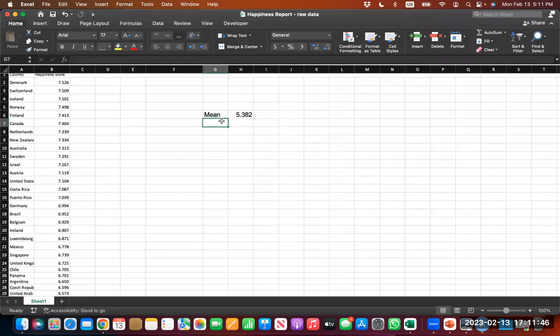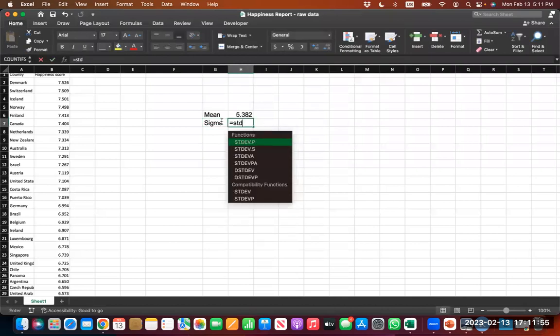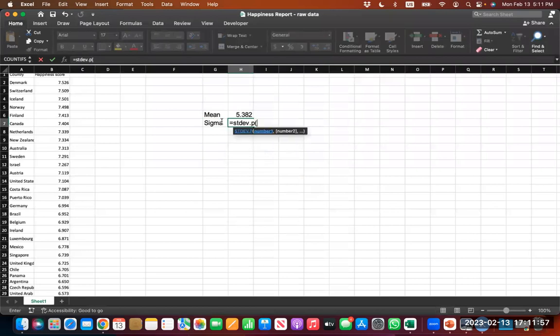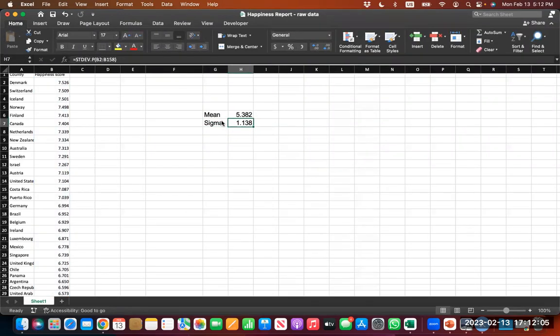That's the mean, or mu. If I want to know the standard deviation, the sigma, this would be STDEV.P of B2 to B158. That's a calculation that I don't want you to do for the homework, but it's basically copy and paste.